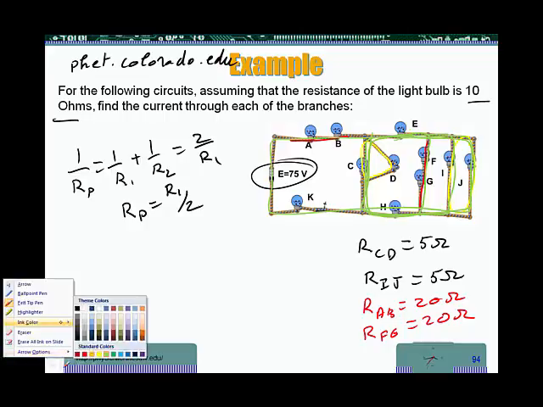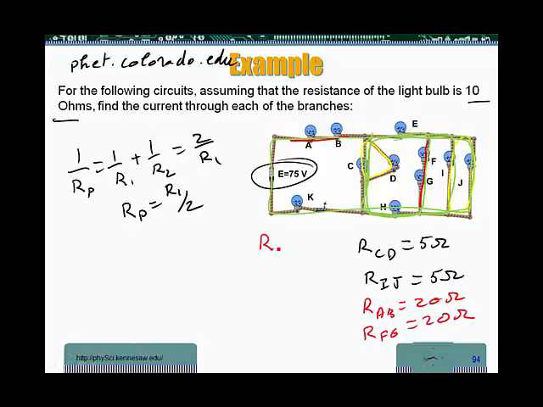And we can also write them: REH is equal to RE plus RH, 20 ohms.